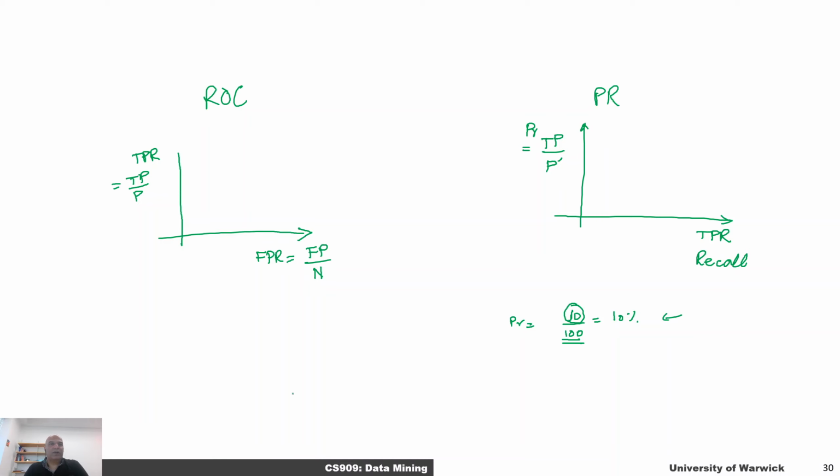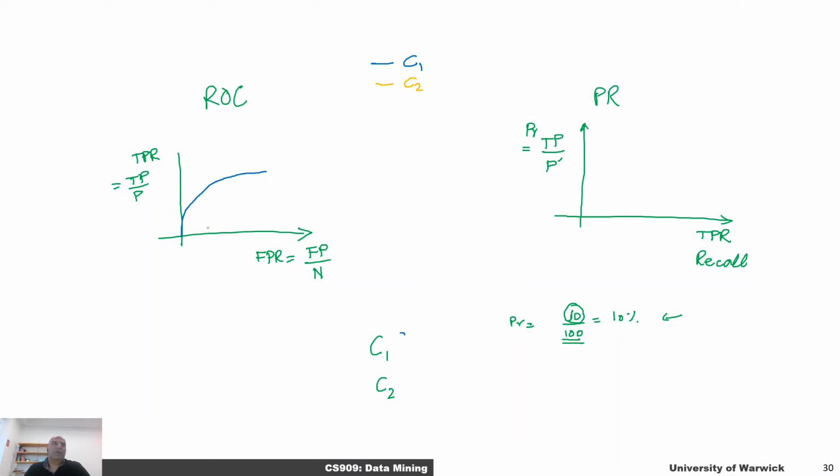So let's talk about two algorithms. I'm going to call them classifier C1 and classifier C2. I'm going to use different colors for these two different classifiers. So allow me to switch to a different color here. If you plot the ROC curve for, let's say, classifier 1, I'm going to just say that the blue line that you see is classifier 1, whereas the orange line is going to be plotted as C2.